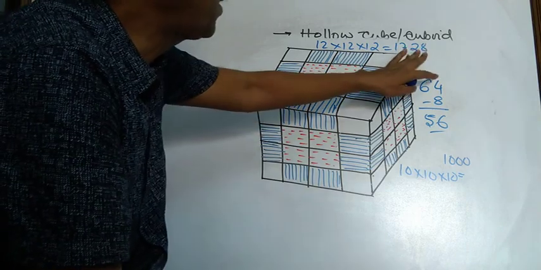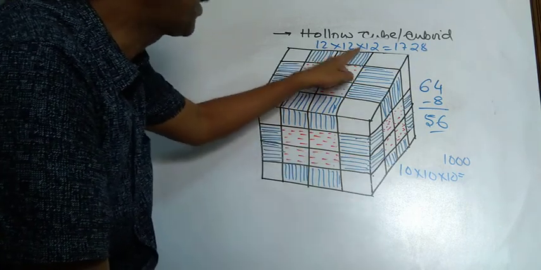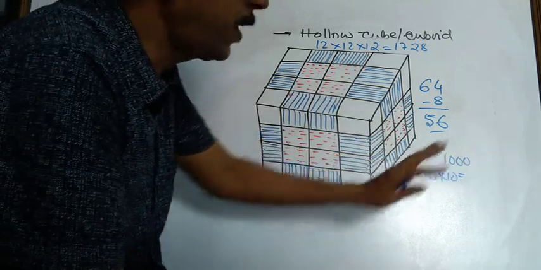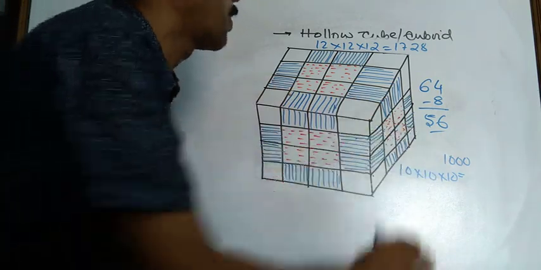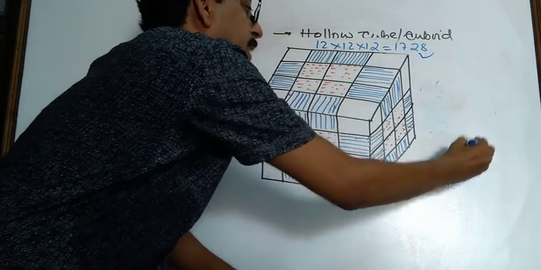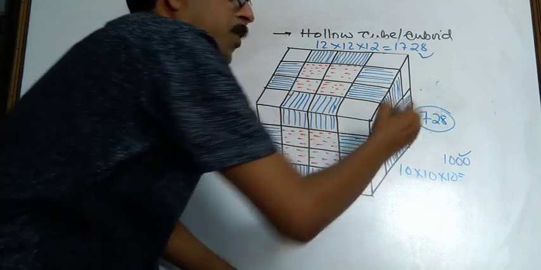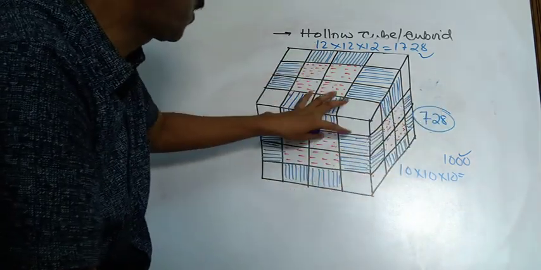Out of 1728, each dimension is decreased by 2, so a total of 1000 small cubes are packed inside, and that has to be removed. So its answer is what? 1728 minus 1000 is 728 small cubes required to make this structure hollow.